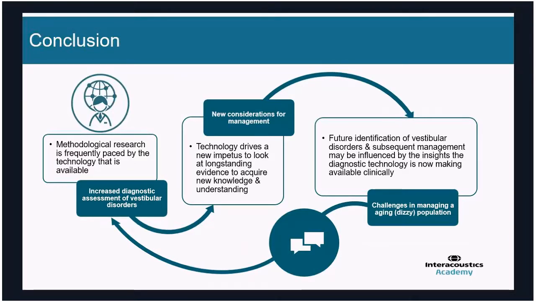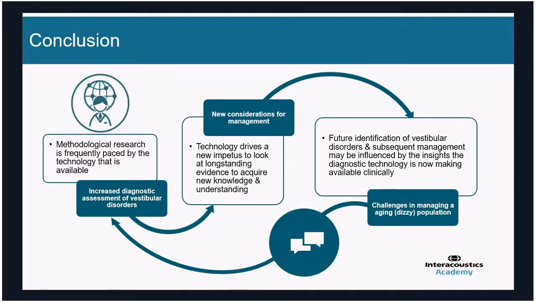So here I'm actually quoting one of my colleagues, Mike Maslin, in terms of saying that the methods of the research we use is frequently paced by the technology that's available. So in other words, our understanding of vestibular unilateral hypofunction is very much formed around the understanding of semicircular canal hypofunction, not so much otolith.